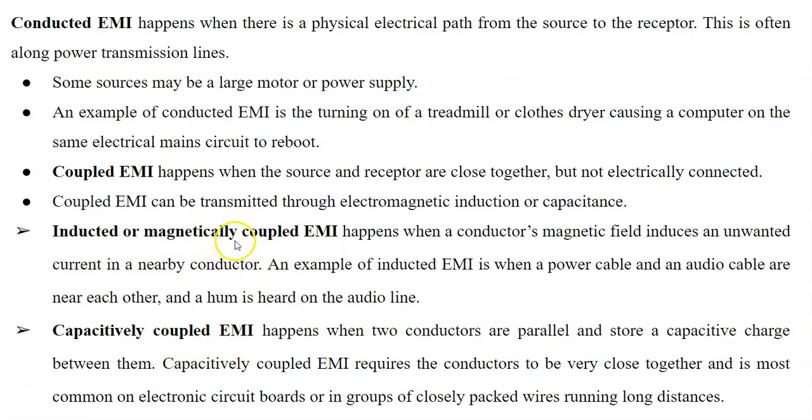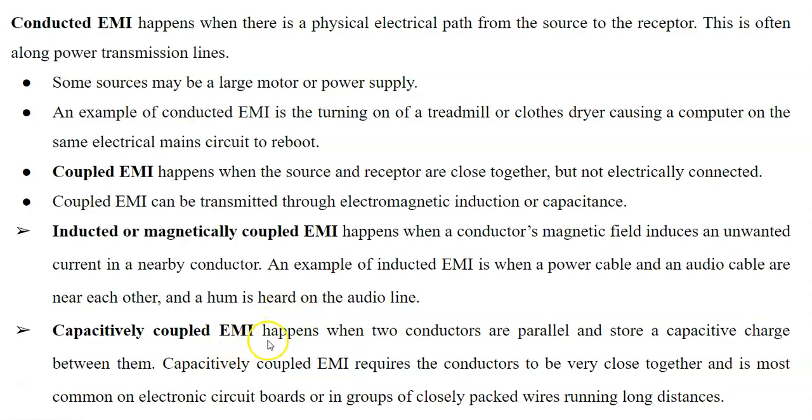Inductive or magnetic coupled EMI happens when a conductor's magnetic field induces an unwanted current in a nearby conductor. An example of inductive EMI is when a power cable and an audio cable are near each other and a hum is heard on the audio line.